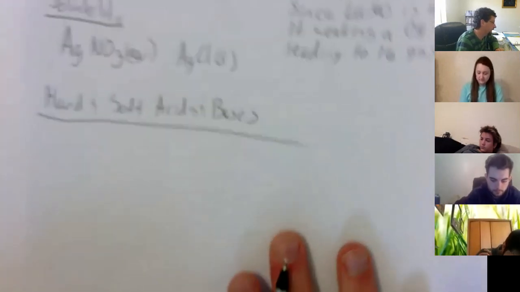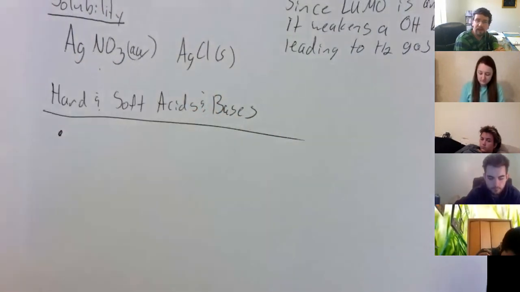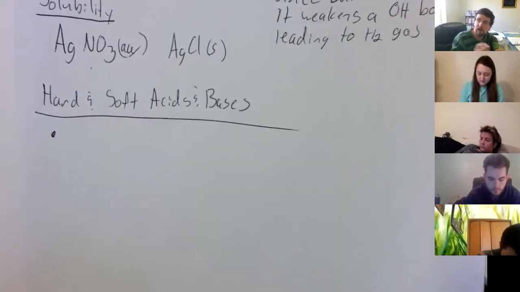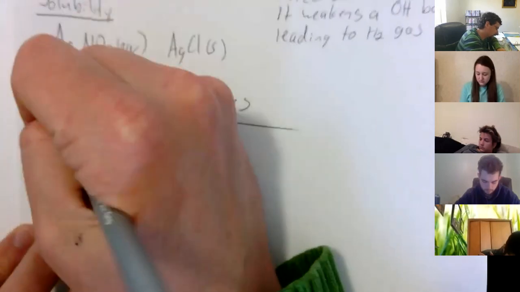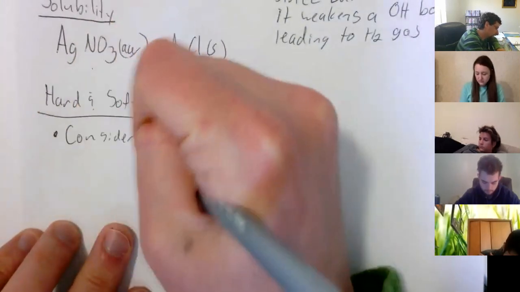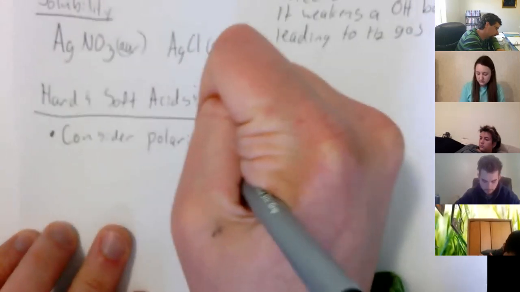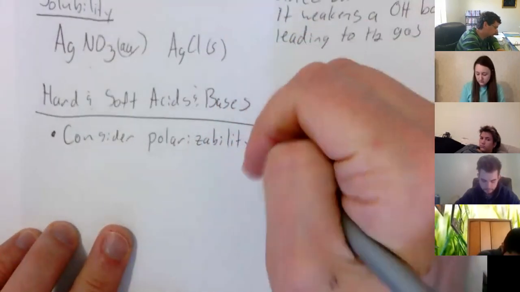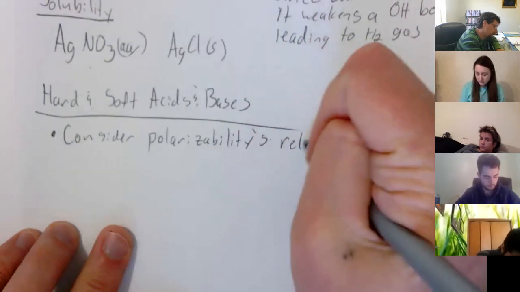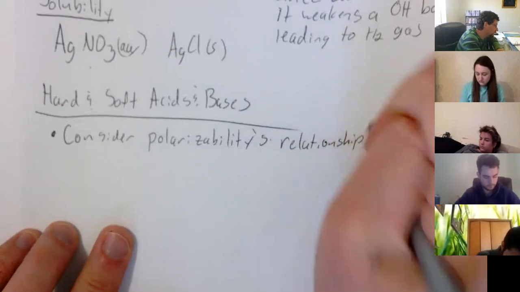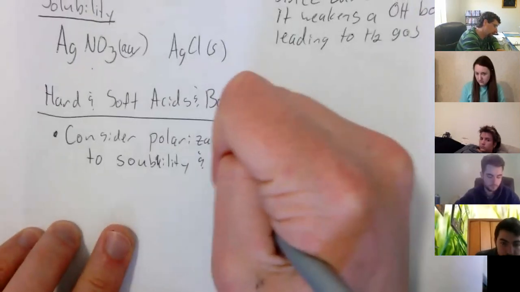So with hard and soft acids and bases, you're considering the polarizability of the anion and cation and how it influences solubility and its equilibrium. So it considers polarizability, its relationship to solubility, and equilibrium.